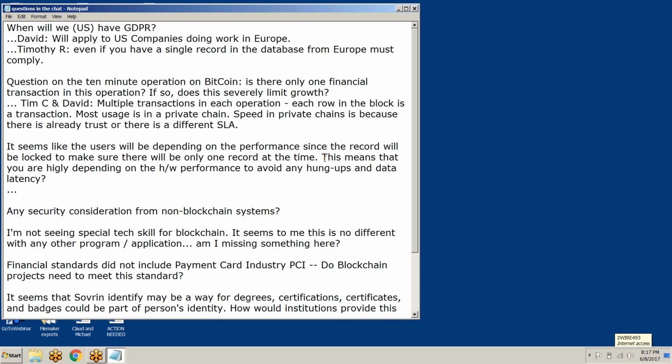Well, hardware performance is certainly an issue in scalability. One of the things I was reading today is that currently the Bitcoin network, with all these thousands of nodes around the world running the Bitcoin algorithms, is consuming the same amount of electricity as the entire country of Ireland. So it gives you some idea of the amount of computing power involved.